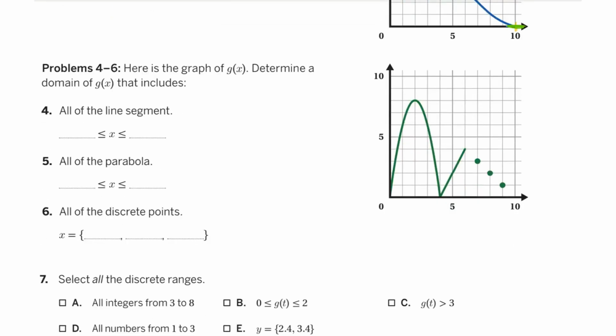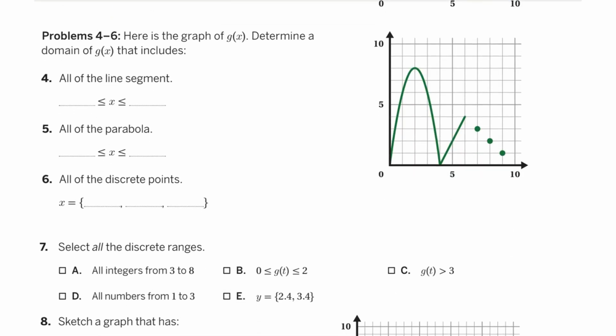So for number 4 through 6, we're going to use the same graph here, and it asks us to determine the domain of g of x for specific instances. So the first one, number 4 here, talks about all of the line segment. So the line segment here looks like this straight part, and I'm really just looking for the domain, so the x values.